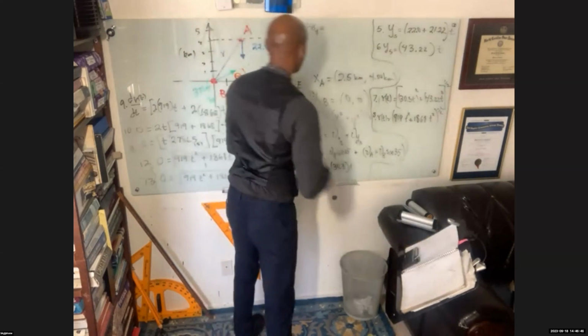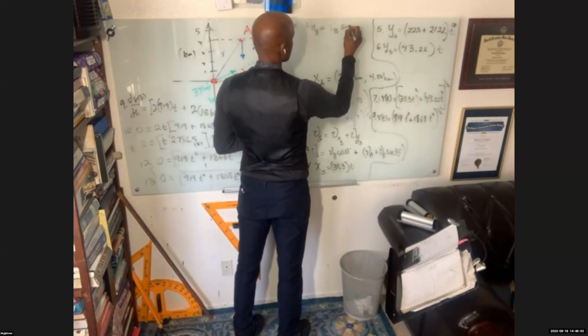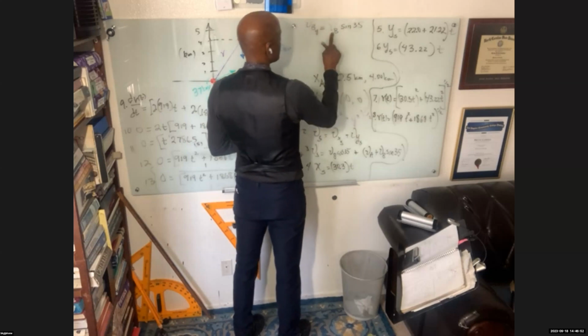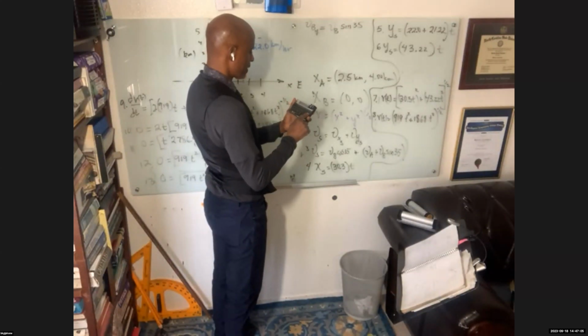So I know that VBY was VB times the sine of 35, but I don't remember what VB was. If you could just tell me that. I remember it was 37. 37, the initial velocity, sine 35. Yeah, so right. 37 times sine 35.